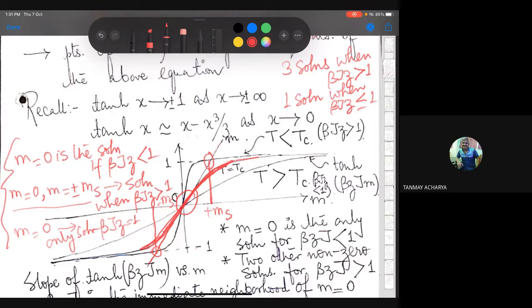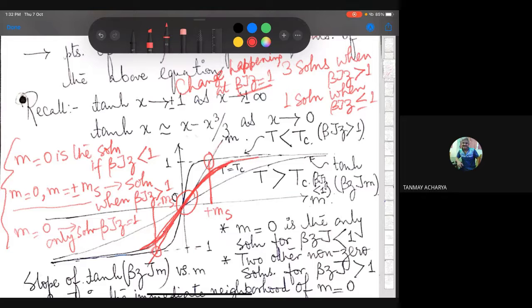Most likely there is a bifurcation of some sort happening. When is it happening? At beta jz equal to 1, right? Exactly at beta jz equal to 1, a change is happening.